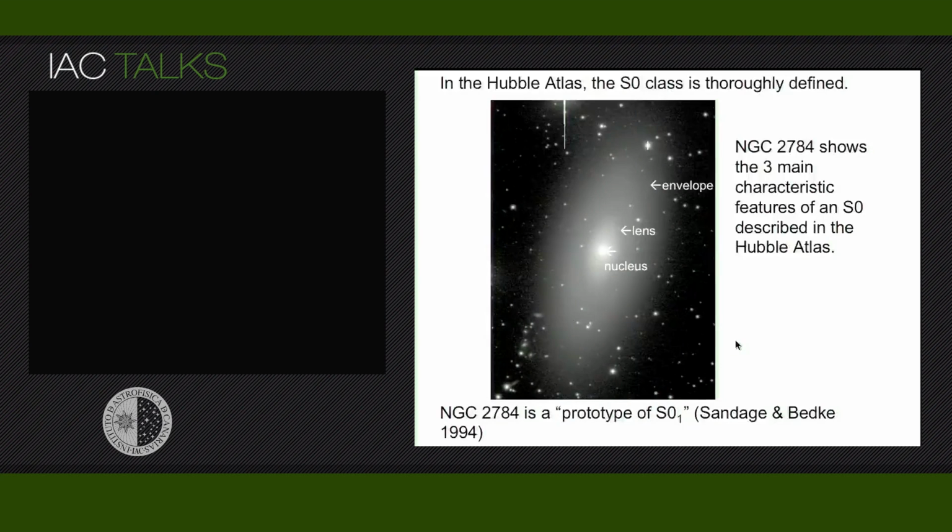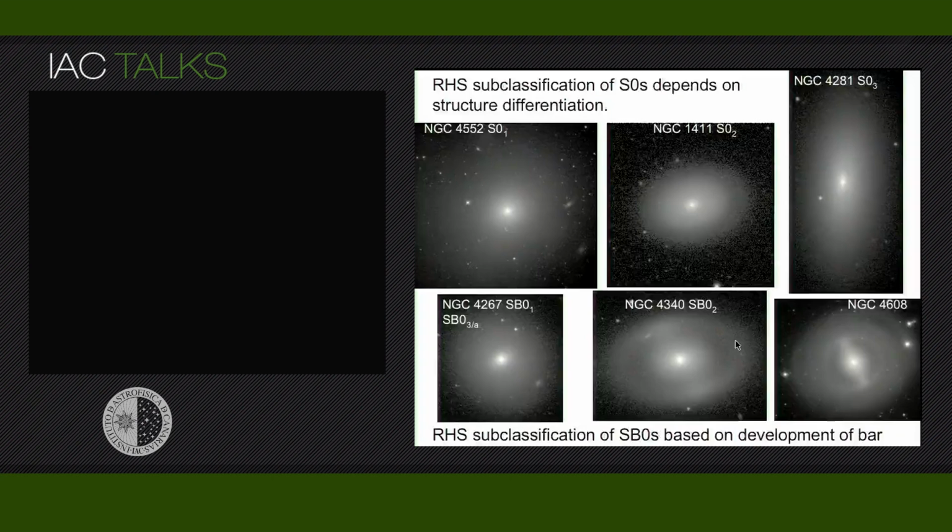And in NGC 2784, it's got a lens here and a large envelope, and it's a prototype of what Sandage and Bedke, and what would have been classified in the Hubble Atlas, as S0 sub 1. So that's the structure of an S0 galaxy laid out.